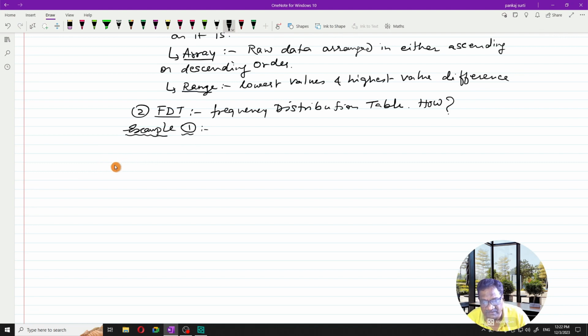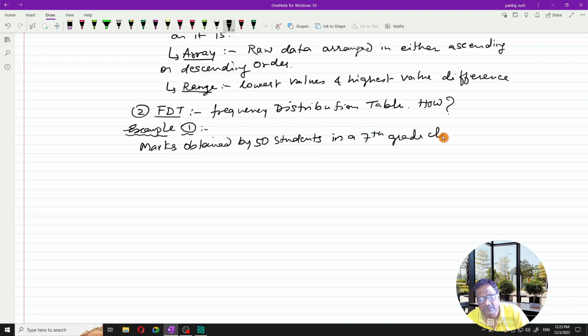Suppose the data given to you is the marks obtained by 50 students in a 7th grade class for the subject mathematics.